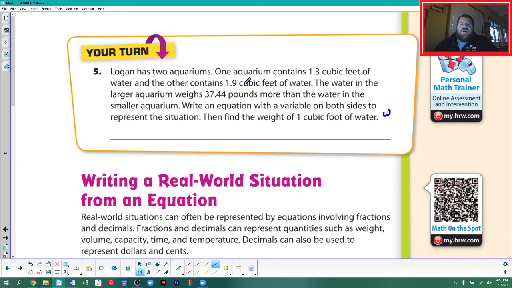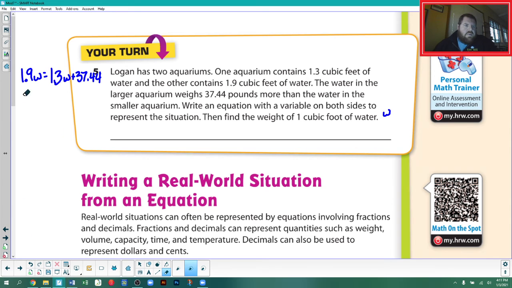The weight of the larger one, or 1.9 W, that's our weight. The number of cubic feet times the weight of 1 cubic foot is equal to the smaller one plus the 37.44. 1.3 W plus 37.44. So that's the equation that we want to write.